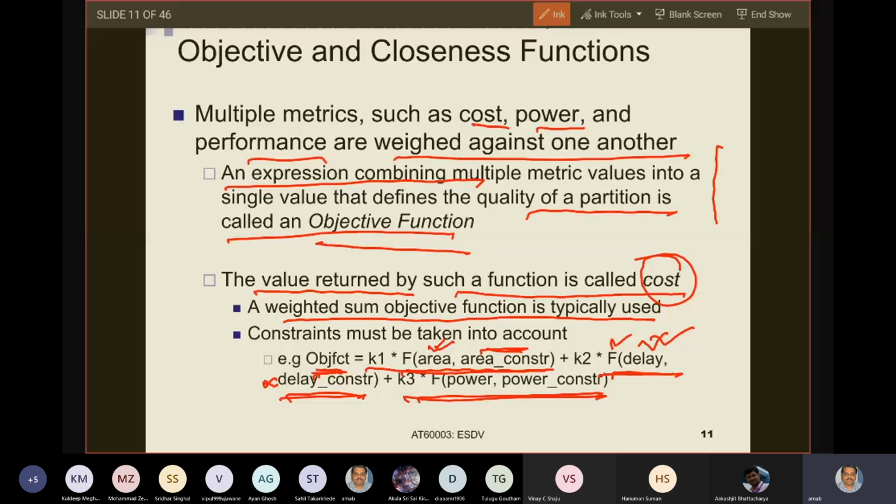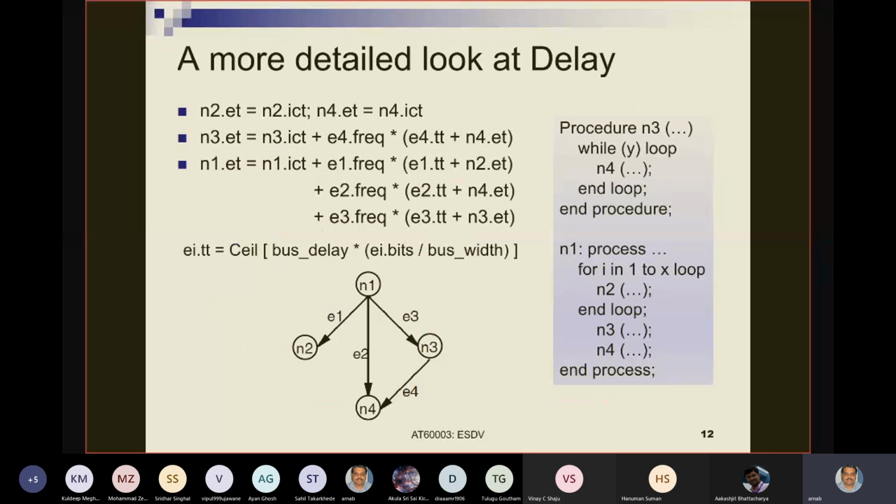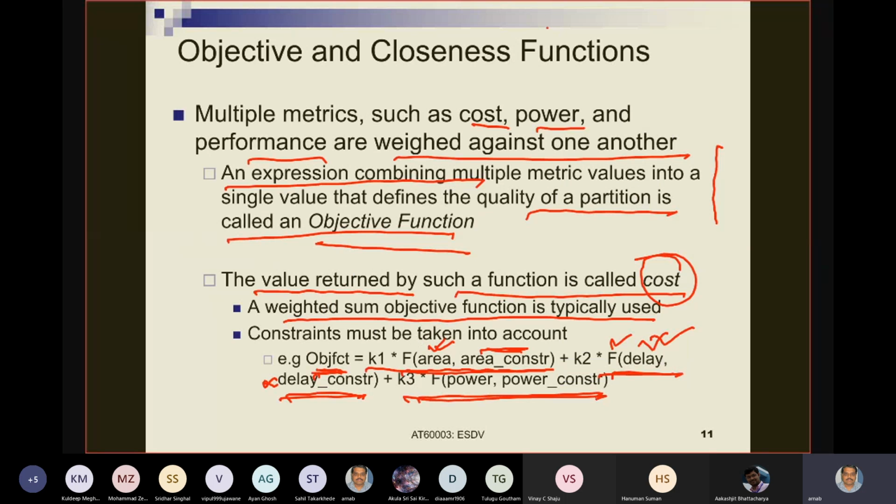Now, given an overview of all these, before going into solving an optimization problem, we first look into how you will determine these parameters: area, delay, power.